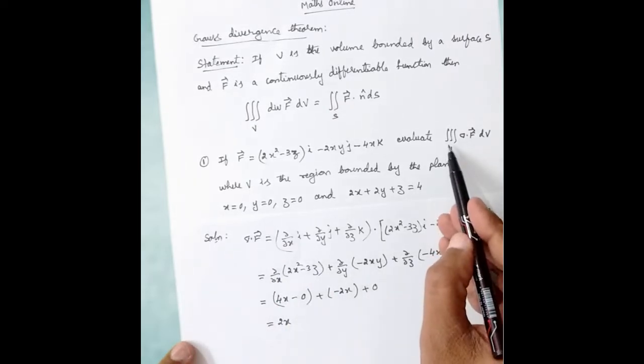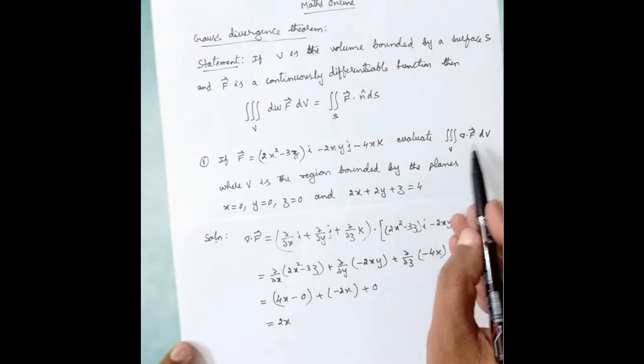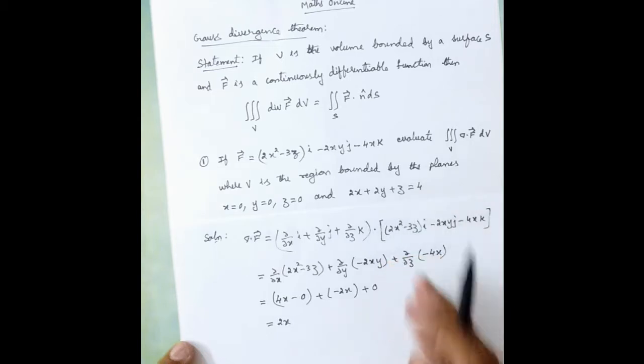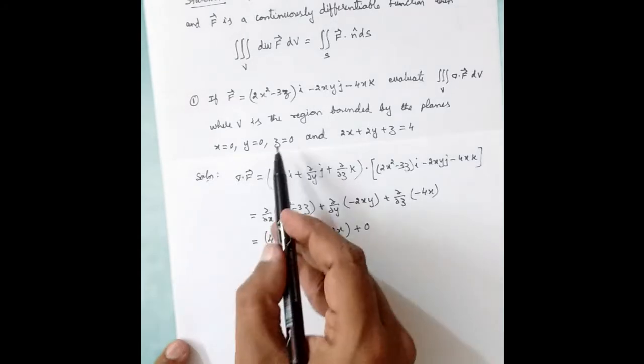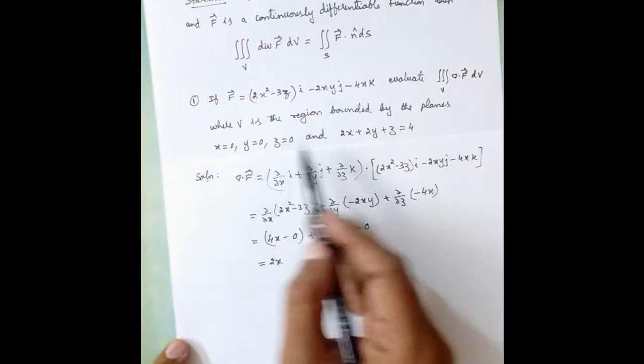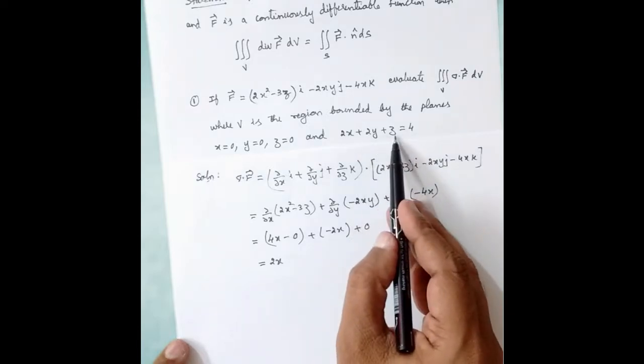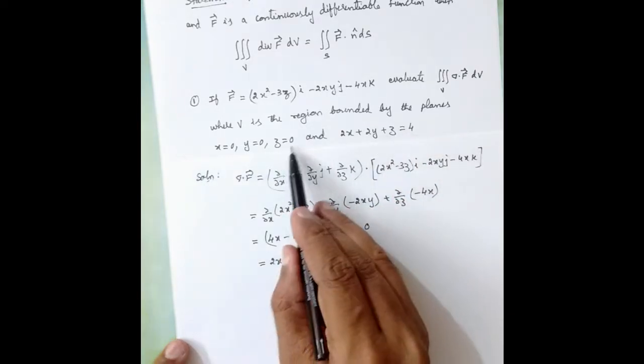Now because it is a triple integral, we need to get limits for the values of x, y and z. So let us try to get the limits. For that, observe the values given over here: x is 0, y is 0, z is 0, and this equation 2x plus 2y plus z equals 4. So let us take z as 0.